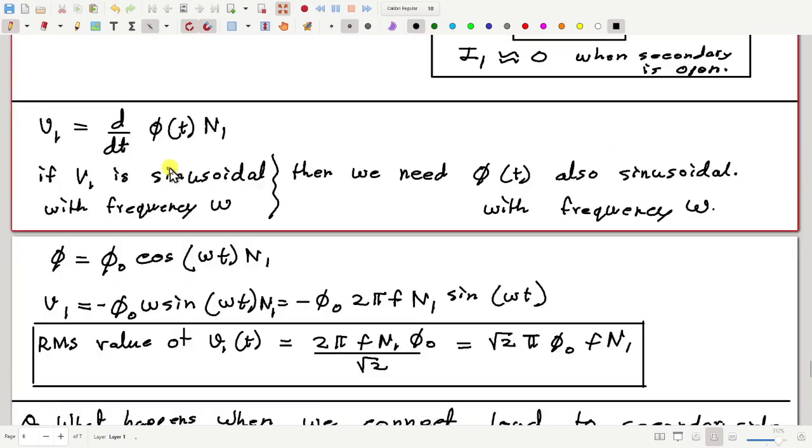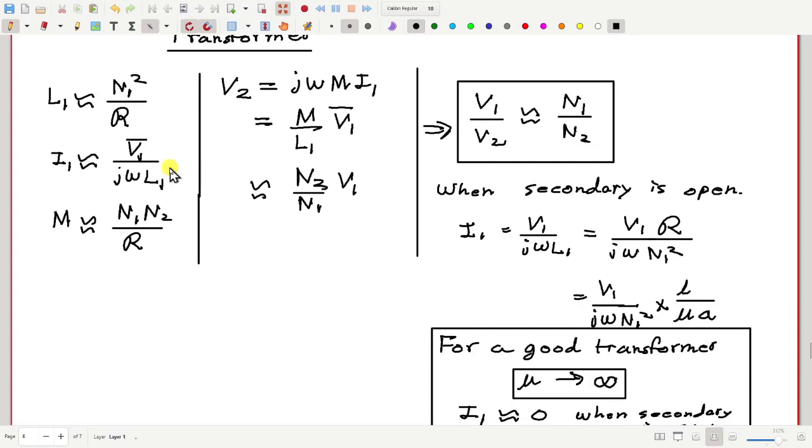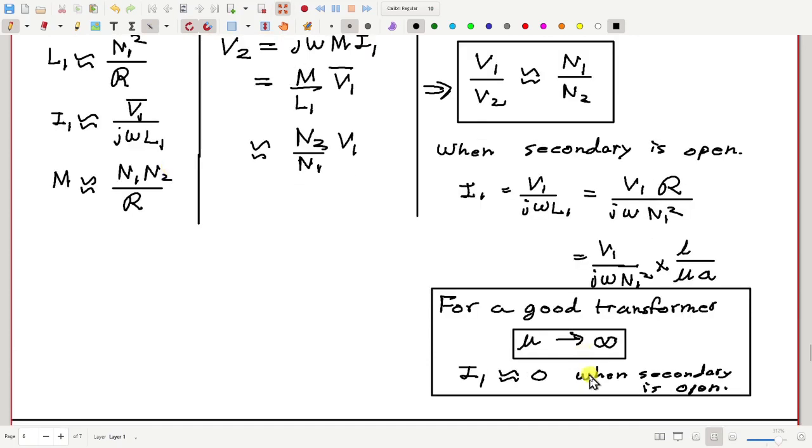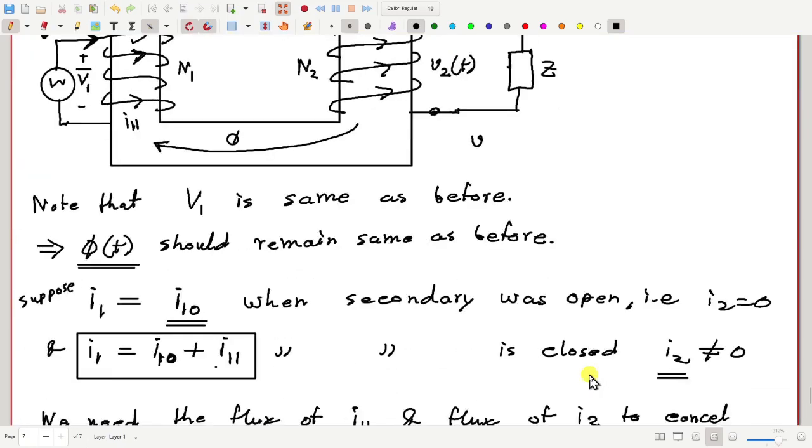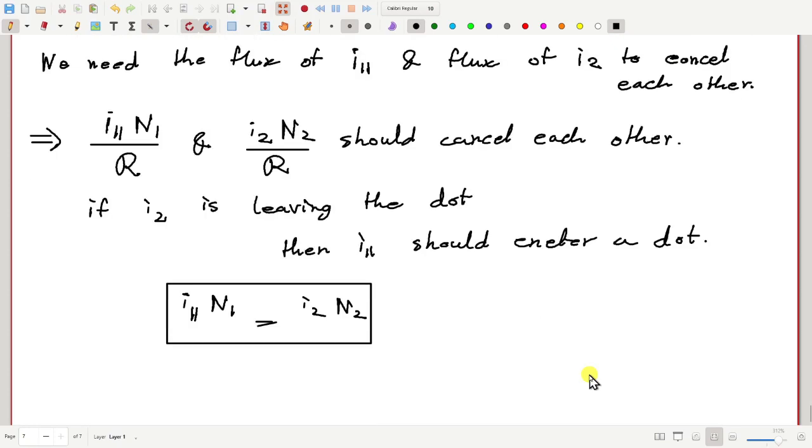And for a good transformer, how much should that current be when the secondary is open? That should be 0. So we can also write that this is actually I1 minus I1 naught multiplied by N1, equal to I2 N2.